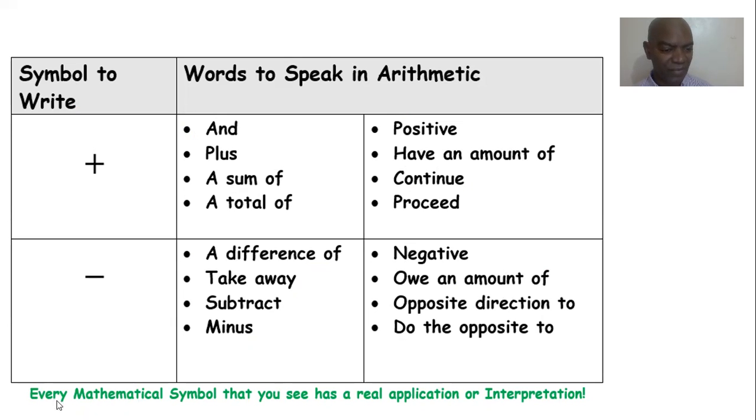Please remember, every mathematical symbol that you see has a real application or real interpretation. So it's not just minus, neither subtract, neither negative. You can also say all of that in arithmetic.